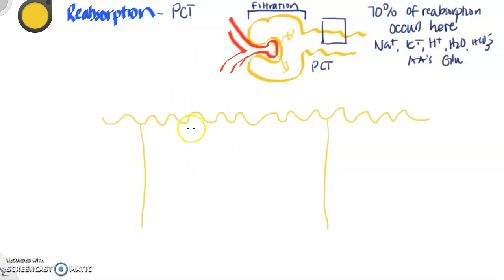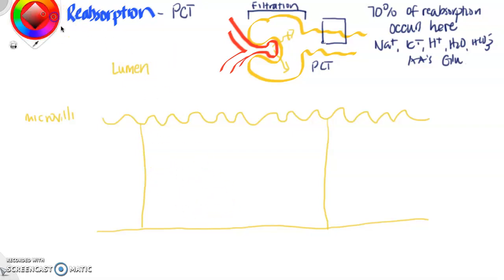Simple cuboidal cells are here. Here's my little membrane there. And they do have microvilli, because we need to get 70% of this stuff reabsorbed. So out here again is the lumen.